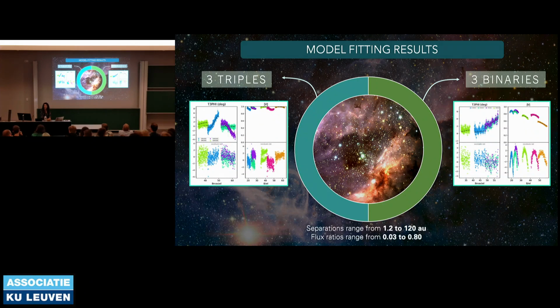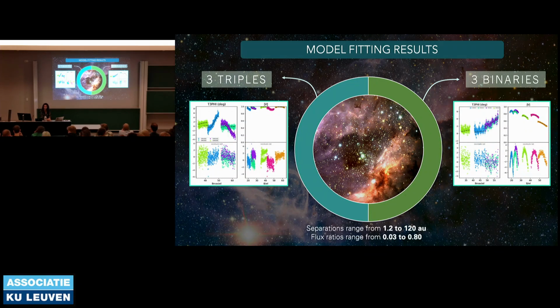This problem happened for 2 systems actually, where we could fit binaries and triples with almost the same chi-square. So we discussed also the capabilities of GRAVITY, how deep we can go. And this statistical test was the final test to differentiate.